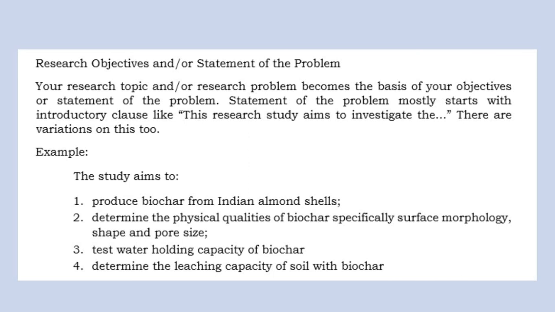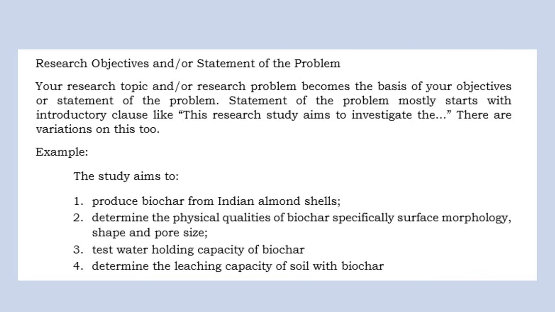Number 2, determine the physical qualities of biochar, specifically surface morphology, shape, and pore size. So he made the product and observed its surface, its shape, the pore size, the physical qualities of that product. And then number 3, he will test the water holding capacity of that biochar.